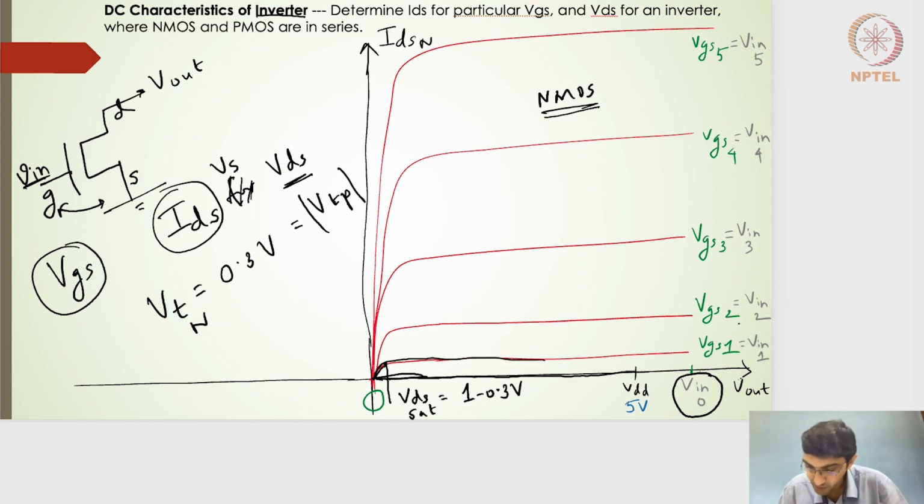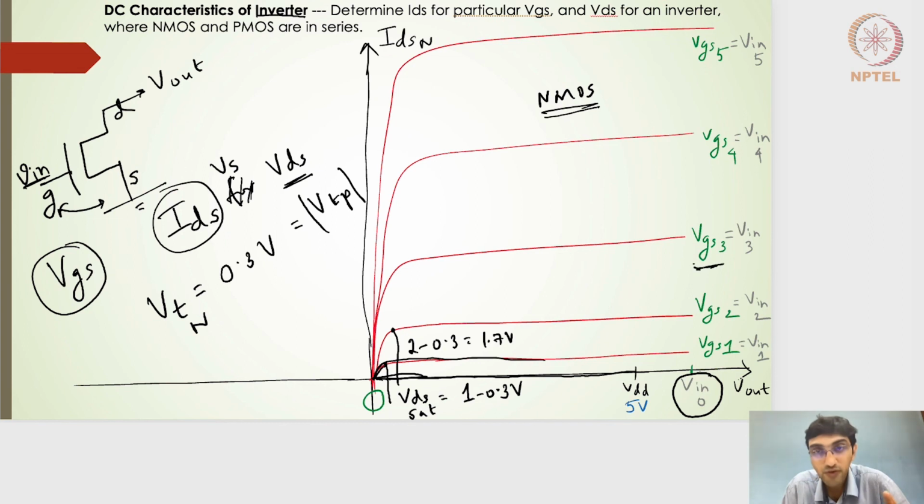Similarly, when V input is 2 volts, VGS of 2, this is a different VGS value. I'll get the linear current and the saturation current. If I pick this value onto the VDS axis, it will be nothing but 2 minus 0.3, that will be 1.7 volts.